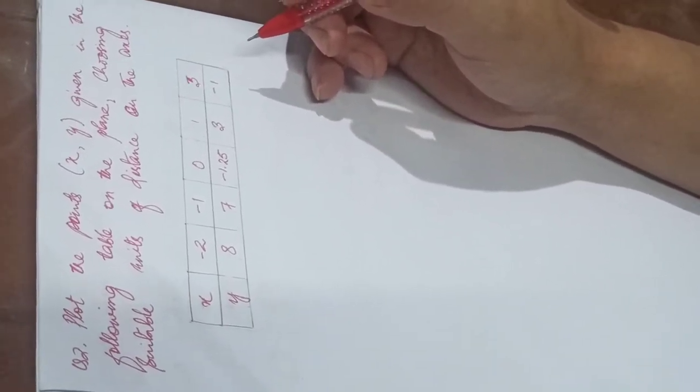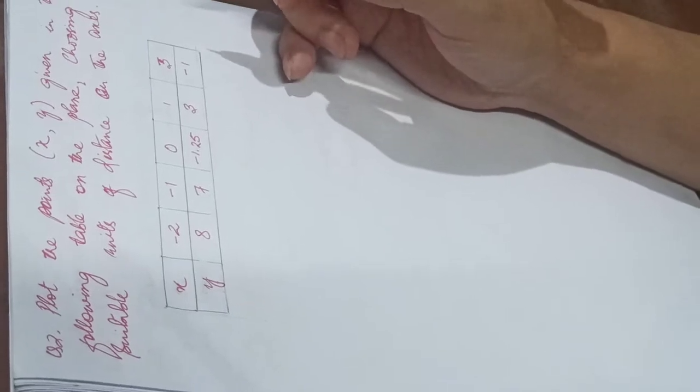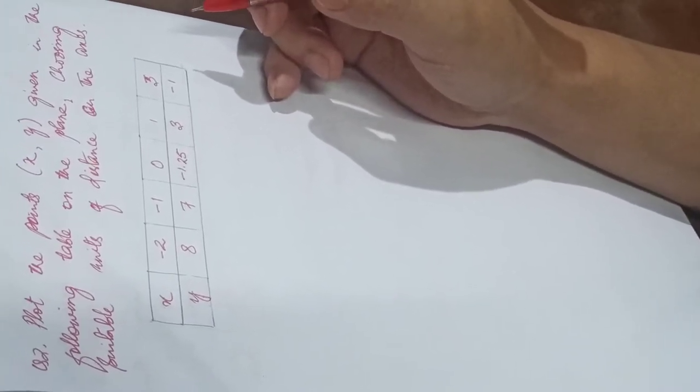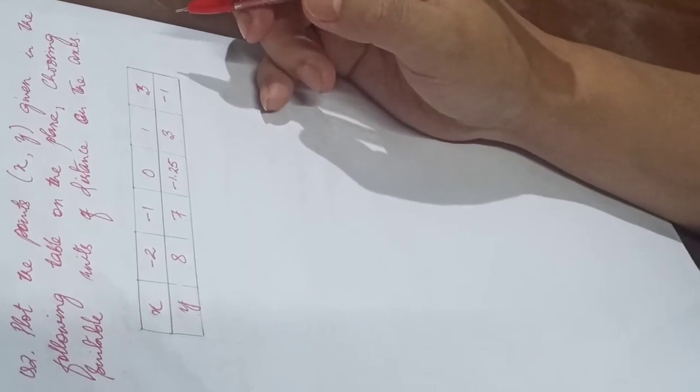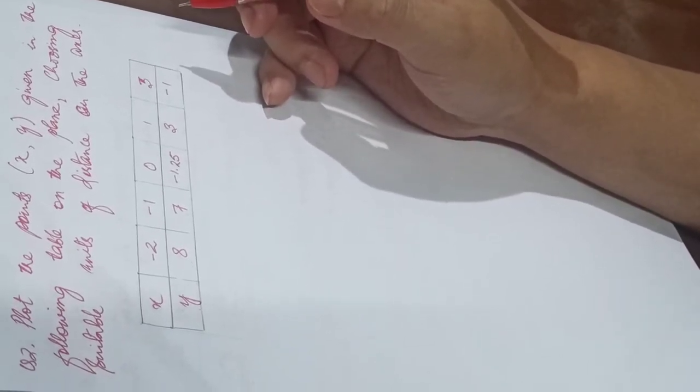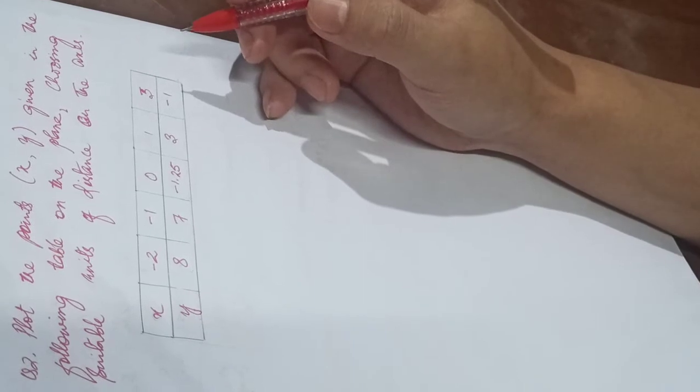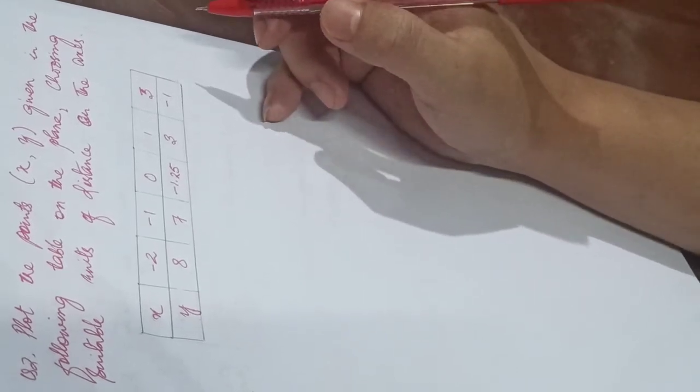Alright, so question 2 says plot the points x, y given in the following table on the plane, choosing suitable units of distance on the axis. Correct?